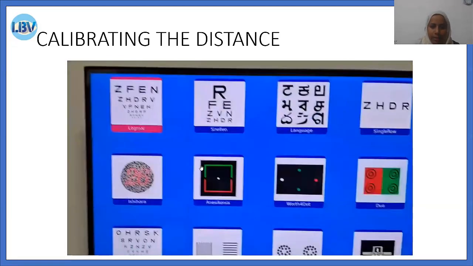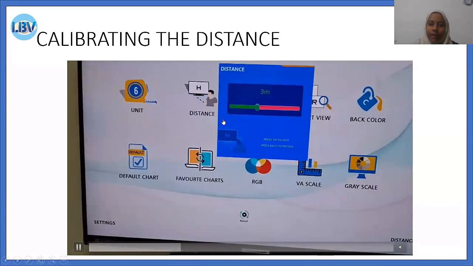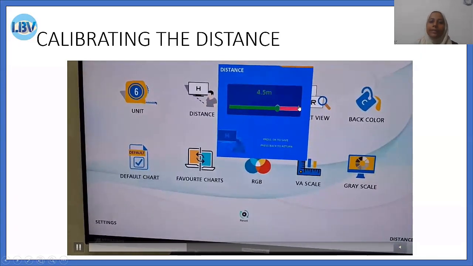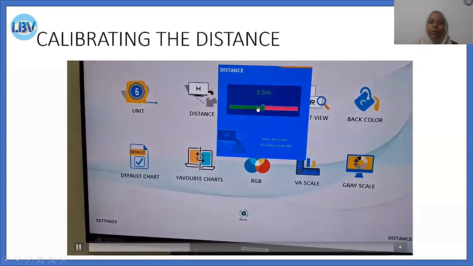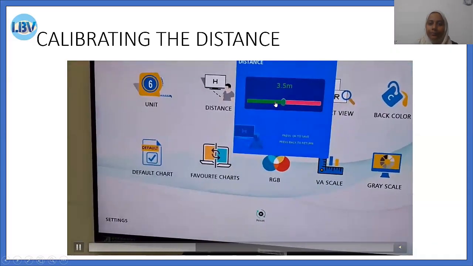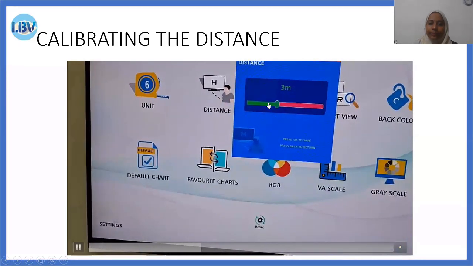So let us see the calibration part here. If you look at this calibration part, from 3 meters, you can change it to 5 meters, 6 meters, or you can even reduce it. I'll show the reduction also here in the video.